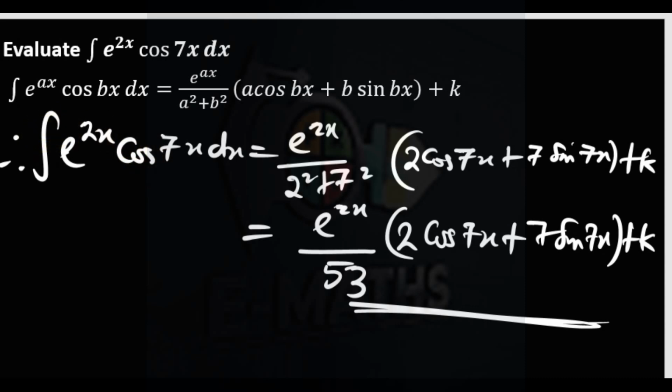So let's now prove why that is equal to that. As you can see, this is a product, so we use integration by parts. We know that integration by parts is always of this form: the integral of u dv is uv minus the integral of v du, where u depends on the function, because the one you assign as u has a lot to offer.